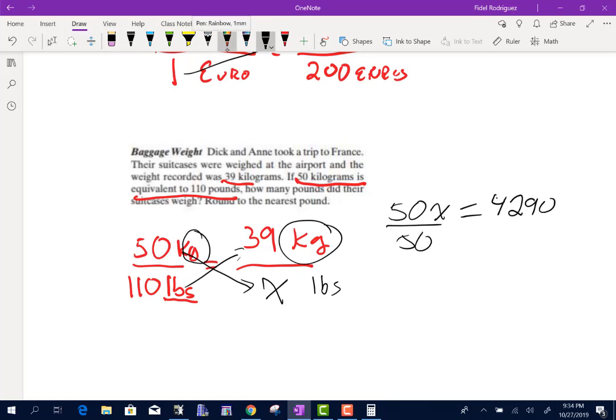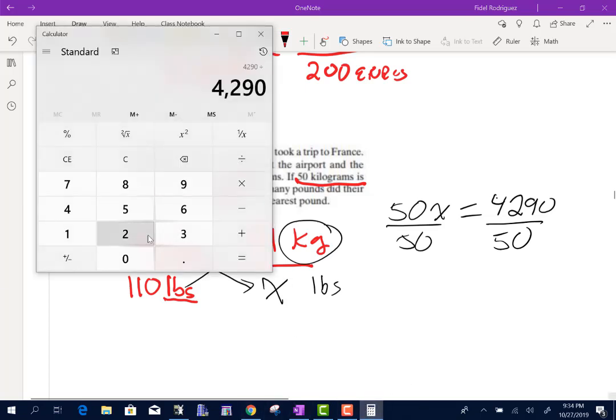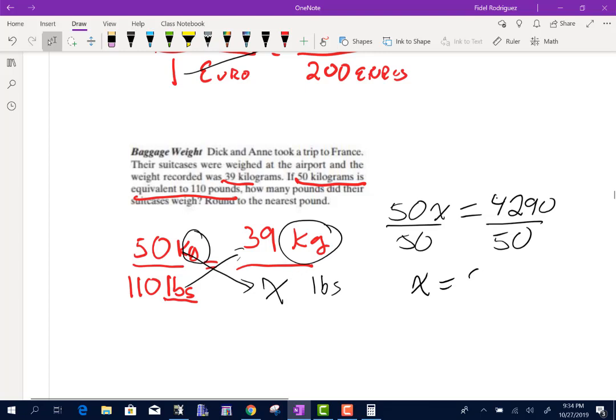Then we want to go ahead and divide everything by 50. So if I grab my calculator one more time and divide that number by 50, 85.8 is what I'm coming up with. 85.8 pounds.